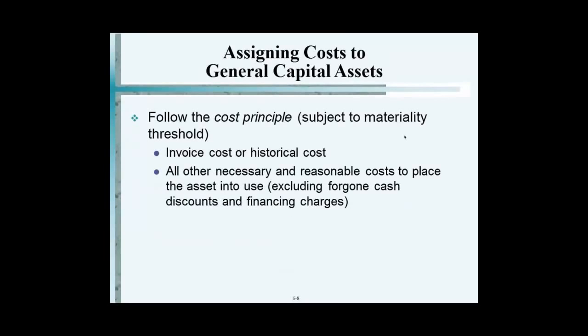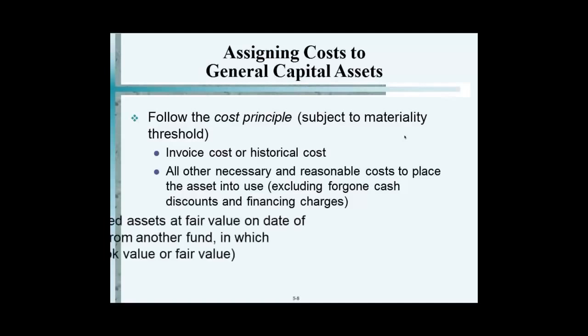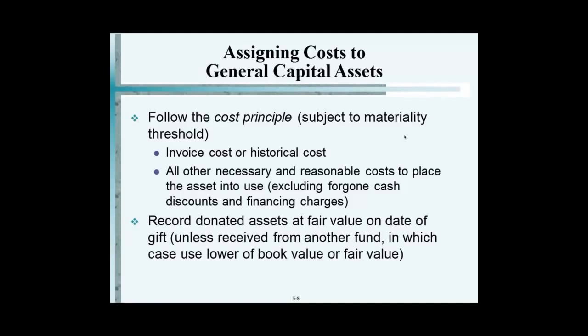Always, and it's no different than business. It is at historical cost, whatever you've paid for it, right? And to whatever expenses there are to put it to use, right? And then sometimes governments get assets which are donated to them. If they're donated assets, they are valued at fair market value.